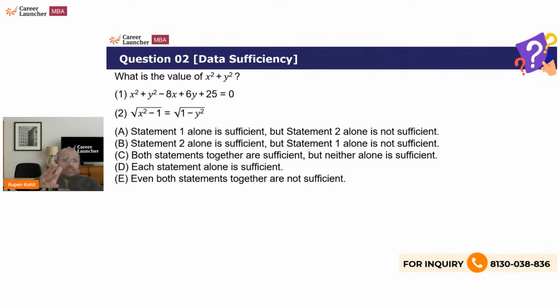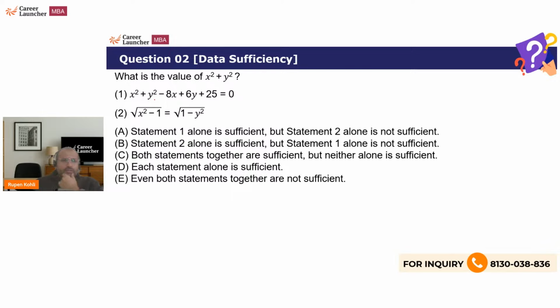For example, this next one is something on algebra, clearly with variables x and y. Let's jump in. What is the value of x square plus y square? As simple as that. Both statements give some kind of equation in terms of x and y. Look at statement 1.